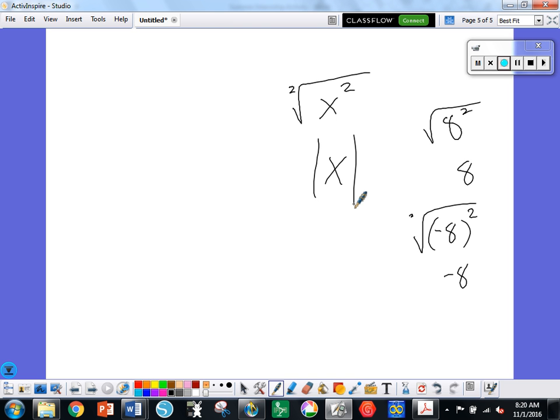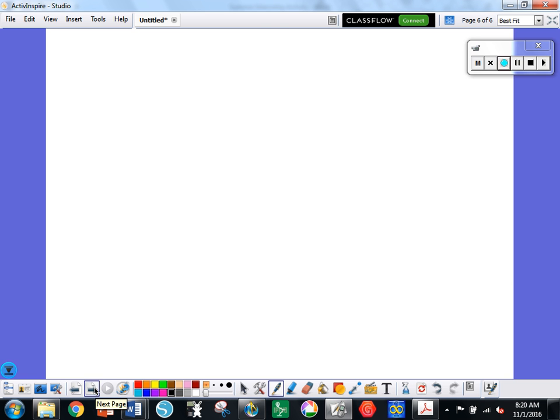So let's try another one. Okay, so if I gave you the square root of 125 x to the 5th y to the 7th, and I ask you to simplify this. Once again, we're looking for groups of 2 because it is a square root, correct? Okay, so we're going to break down the 125.